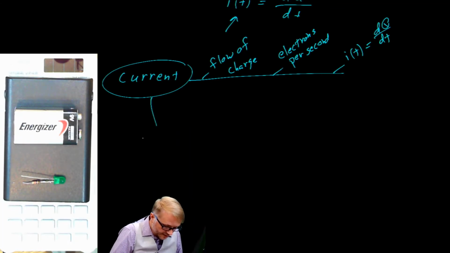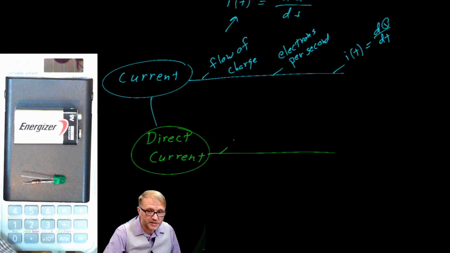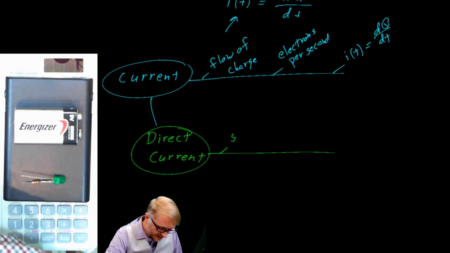We'll move on here, and we would say there are two kinds of current. There is a direct current, and some of its properties: it flows in a single direction.